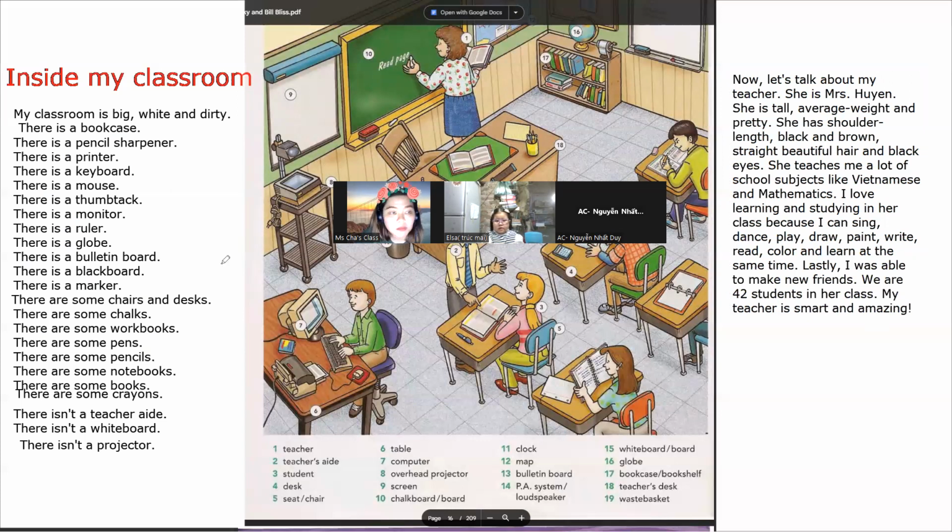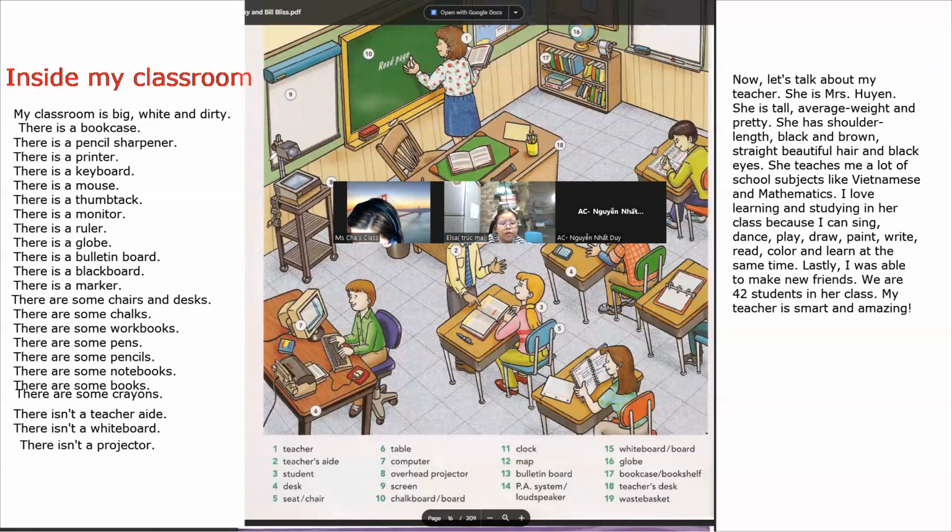Elsa, let's read what you've made. Inside my classroom. My classroom is big, white, and dirty. There is a bookcase. There is a pencil sharpener. There is a printer. There is a keyboard. There is a mouse. There is a thumbtack. There is a monitor. There is a ruler. There is a globe.